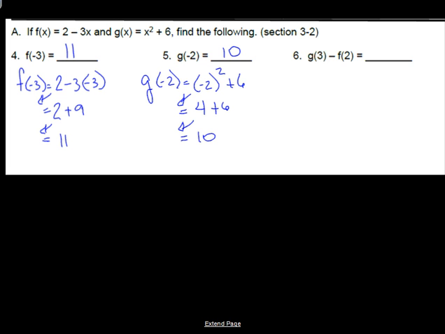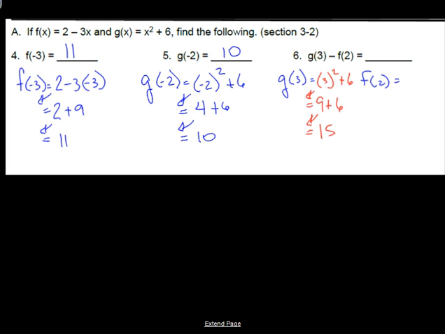Here, I'm going to be doing g of 3 and f of 2. I'm going to work each of these out separately, and then I'll go back and subtract them once I find the solutions. G of 3, that will be 3 squared plus 6, which is 9 plus 6, 15.